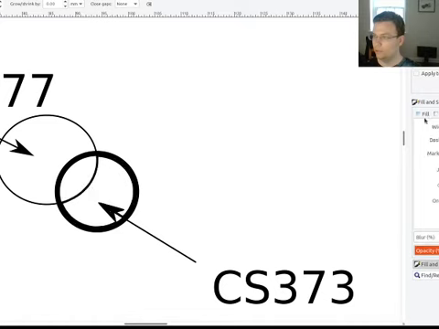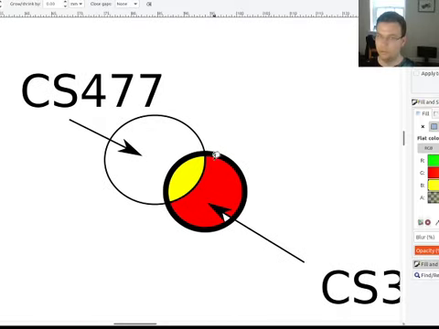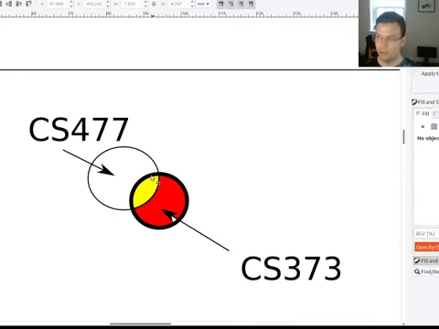So what I can do is say, all right, let's think about just this yellow part of the space here. Those are the students that happen to be in CS373, but who are also in the 477 overlap here. And so what I really need to know is the proportion of this yellow area to the whole area in this oval here for CS373.